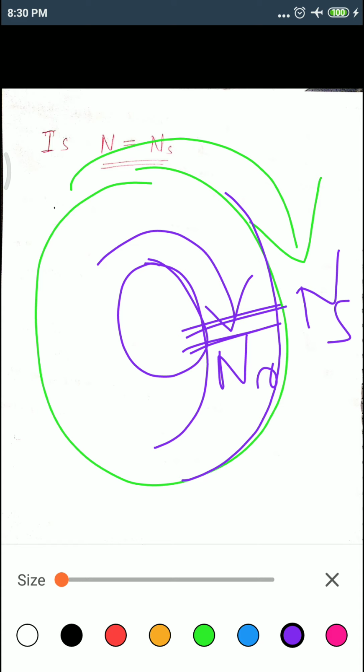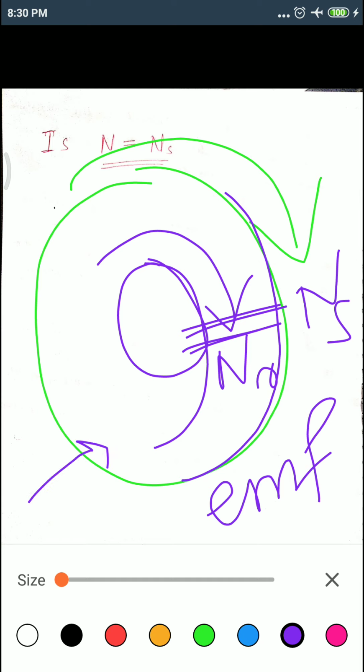When there is no cut of flux, no flux linkage, there is no EMF produced. When there is no EMF produced, there is no current flowing through the rotor. When there is no current flowing through the rotor, there is no flux produced by the rotor, and then there will not be a torque.